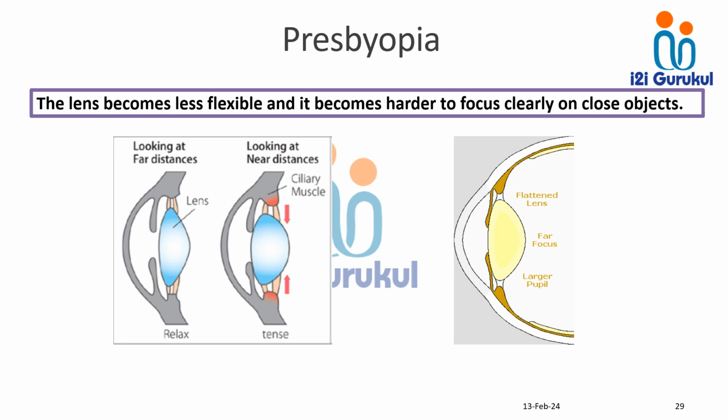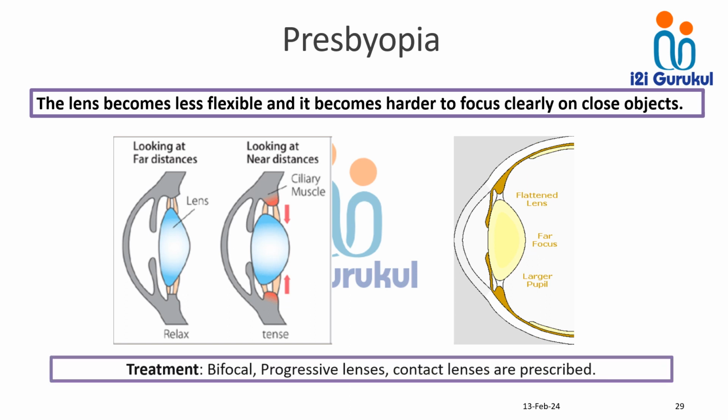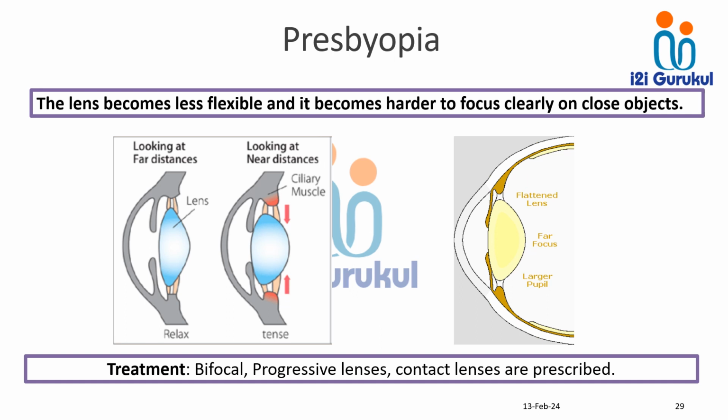For a presbyopic patient, the spectacle will be a bifocal spectacle, which will have lens power to view far objects and near objects simultaneously. Okay. Another type of spectacle is multifocal spectacles, or we can call them progressive lenses, progressive addition lenses.